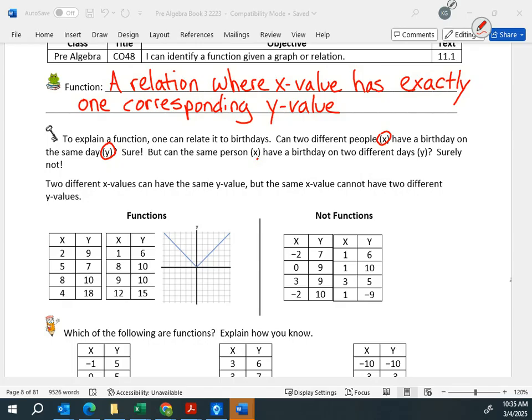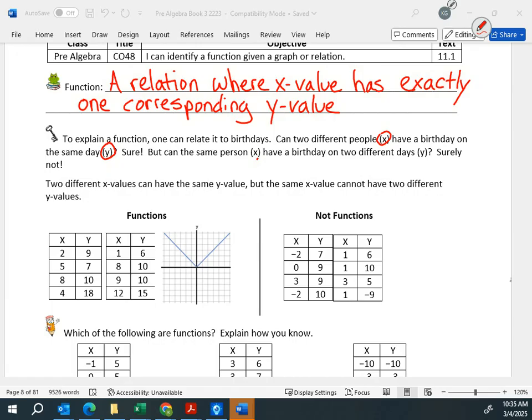Okay. So when we look at this, two different x values can have the same y value, but the same x value cannot have two different y values. So it's a function if every x value has only one corresponding y. If there is one x value and it has two different y's listed, then it's not a function.